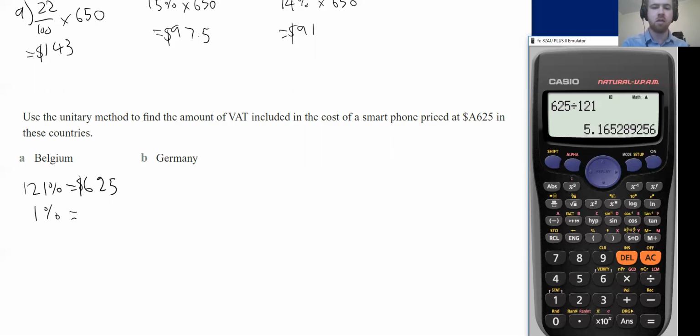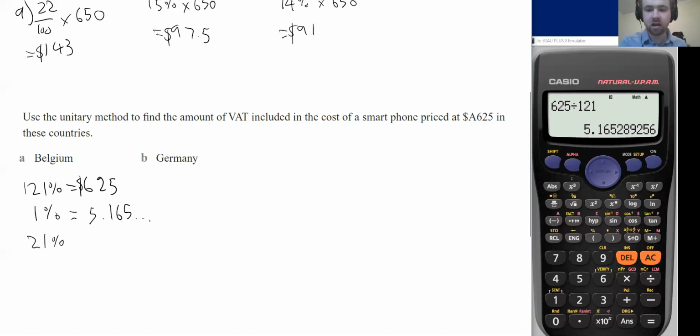We get this long number here. Now, I'm not going to round this off just yet. I'm going to write 5.165, and I'm going to write dot, dot, dot, which means that there's more to it there, but I'm not going to write the whole screen out. I'm going to leave that in my calculator, which means that 21% is this answer.